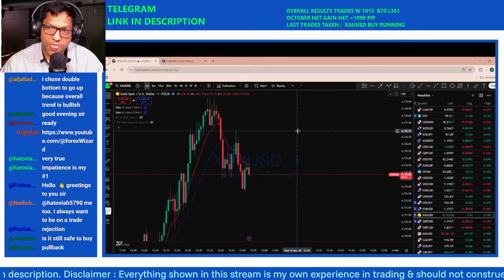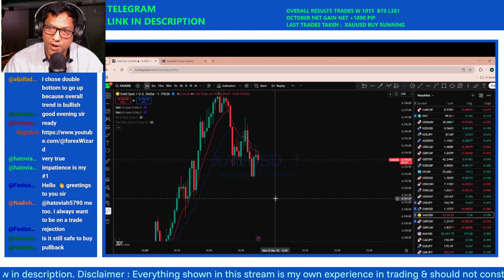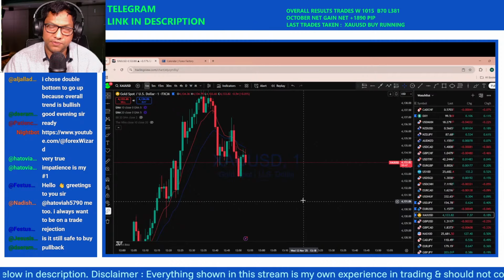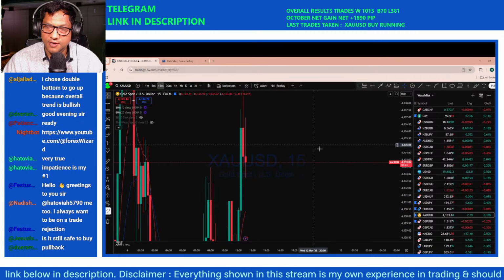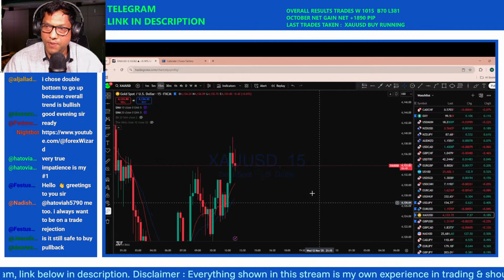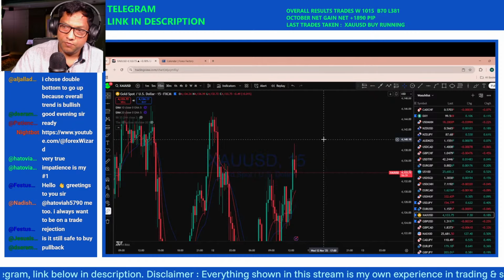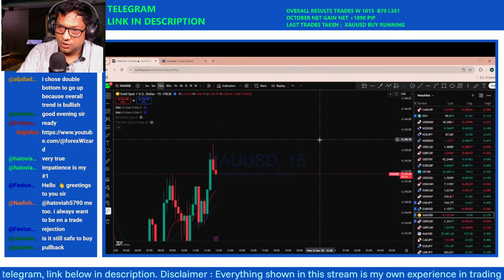Okay, so here it's still trying to break the lower shadow of this market. Okay, so that's what we are looking at, this price action to show up and then to return again back to the upside.